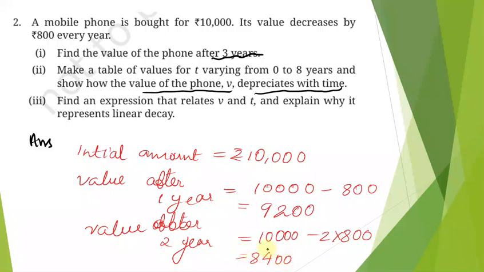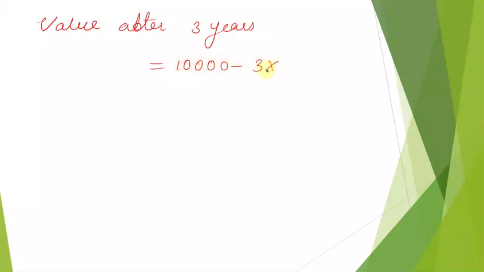What is our question? Our question is the value after 3 years. So value after 3 years means we have to subtract 3 into 800 from 10,000, right? So value after 3 years is equal to 10,000 minus 3 into 800, right?